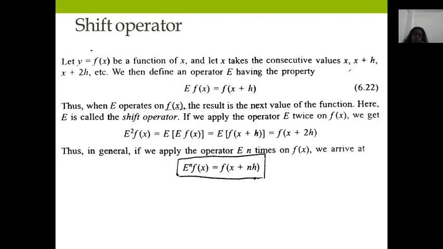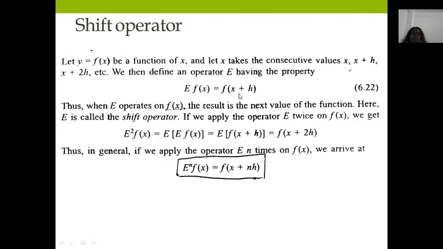Now the fourth one, the shift operator. Again let y equal f of x, with x taking values x, x plus h, etc. The shift operator is denoted by capital E. So E of f of x is equal to f of x plus h.